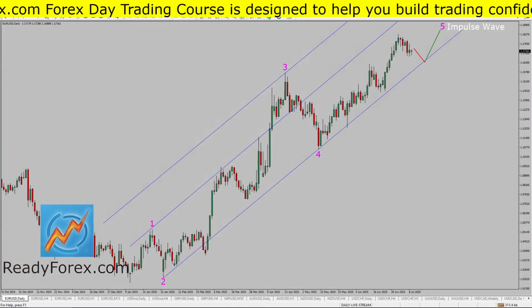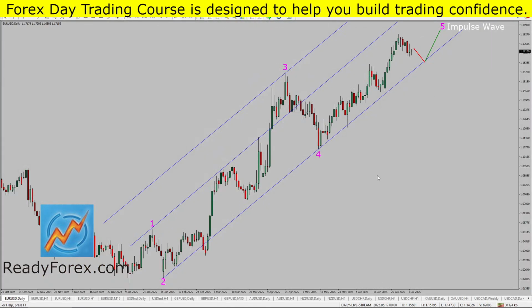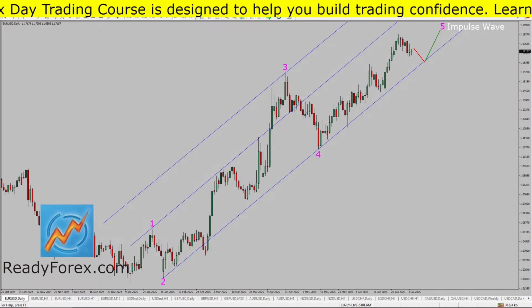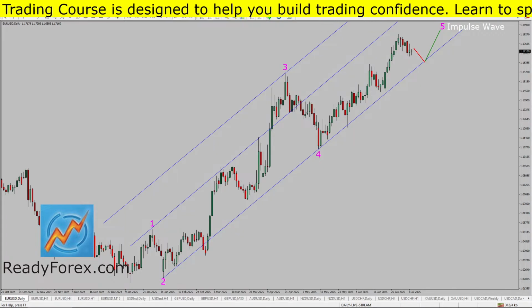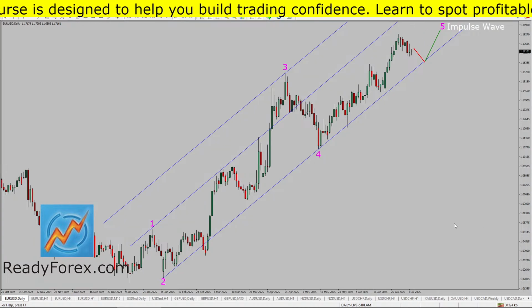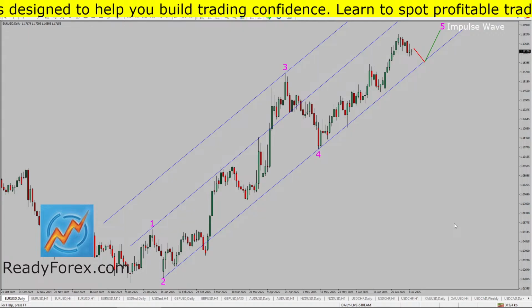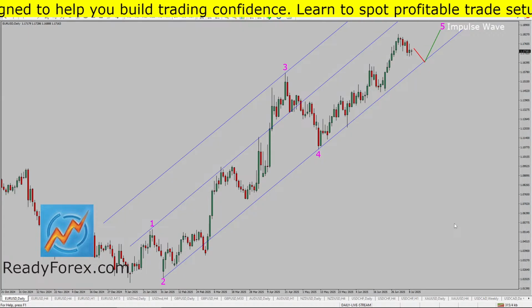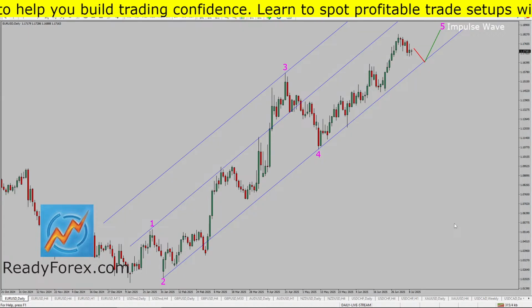Okay, let's get started. First thing first. I hope you guys can easily see my computer screen over here. This is the Euro USD currency pair daily time frame.